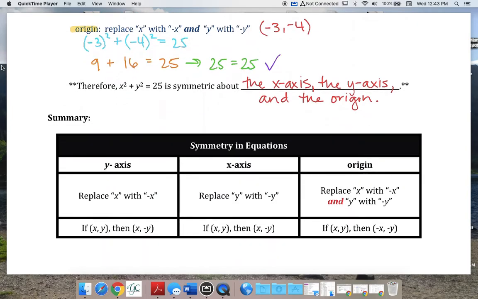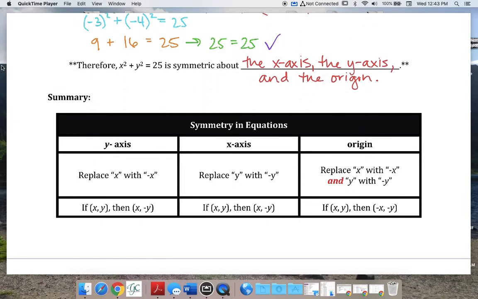So there's just this nice little table here at the bottom of this notes page to help you remember which symmetry you're looking for and how you change your ordered pairs. And ordered pairs, I think, again, are going to be the easiest way to check for symmetry. So if we're checking for the y-axis, we switch our x values.